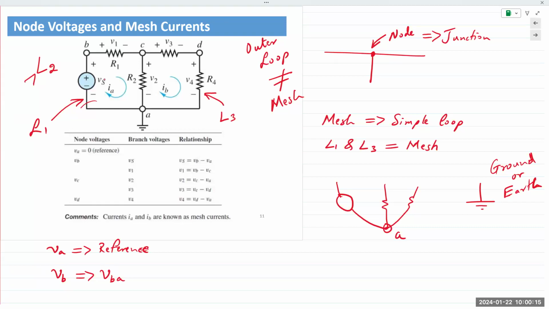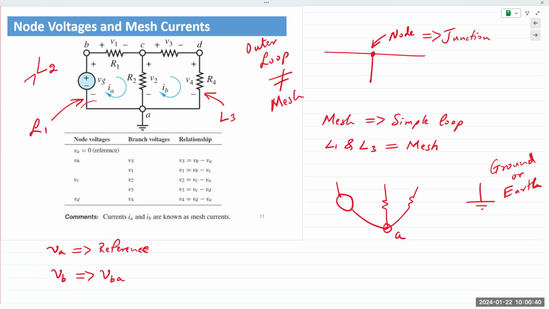So VB for this circuit, node B, is measured with reference to A. Okay, A is the point of reference, B is measured. So I'm trying to find out the difference in potential between points B and A. That difference could be positive, or it could be negative. Doesn't really matter. But at the beginning of my problem, I want to note the reference node is A.